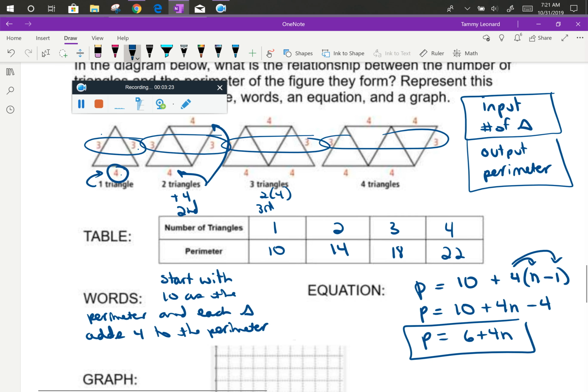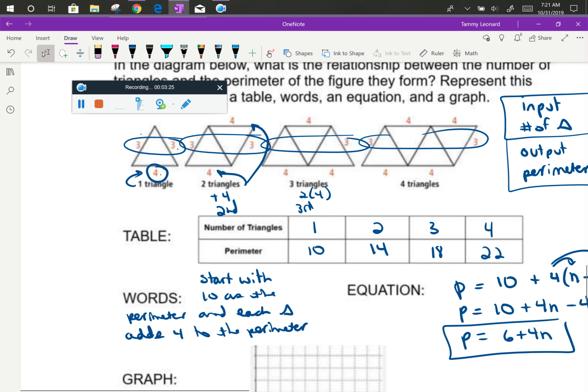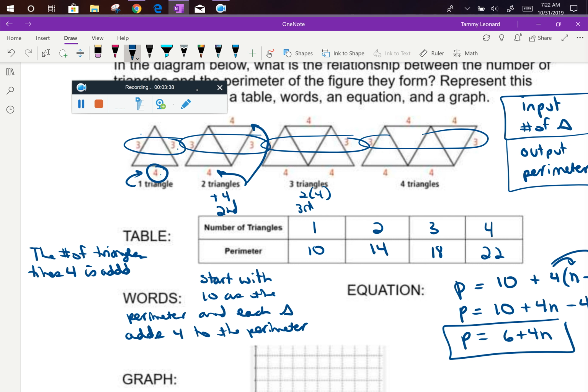It's possible that someone else looking at this problem, when they put it into words, might have said the number of triangles times 4 is added to 6 from the two sides. So there might have been more than one way to use words to describe this pattern.